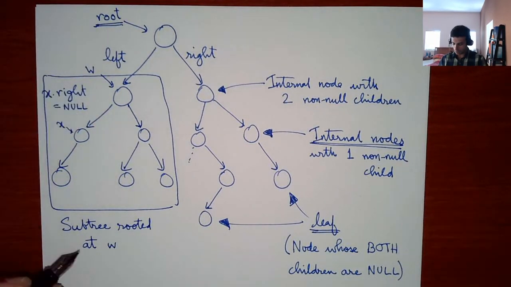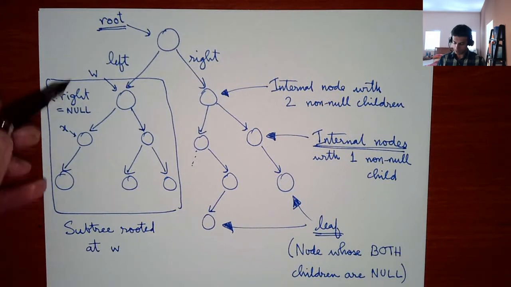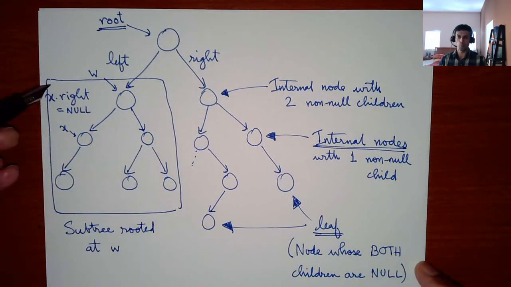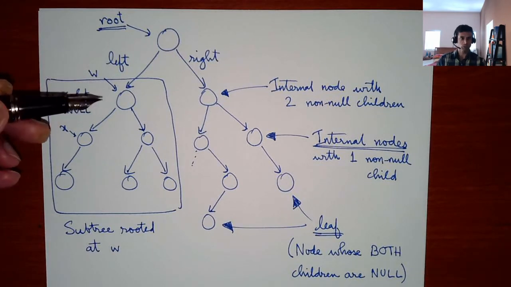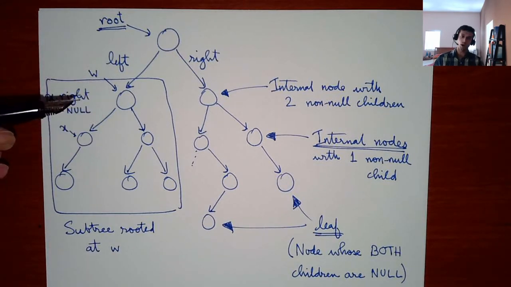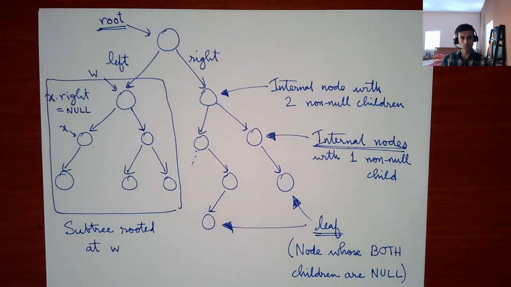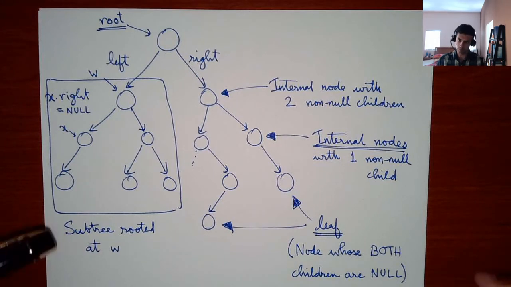The subtree rooted at W is basically this portion of the tree, which is W, its children, its children's children, so on and so forth. Just like in a linked list, you could imagine that you have some node in the middle and you have everything after that as like a sub-linked list. This would be called the subtree.